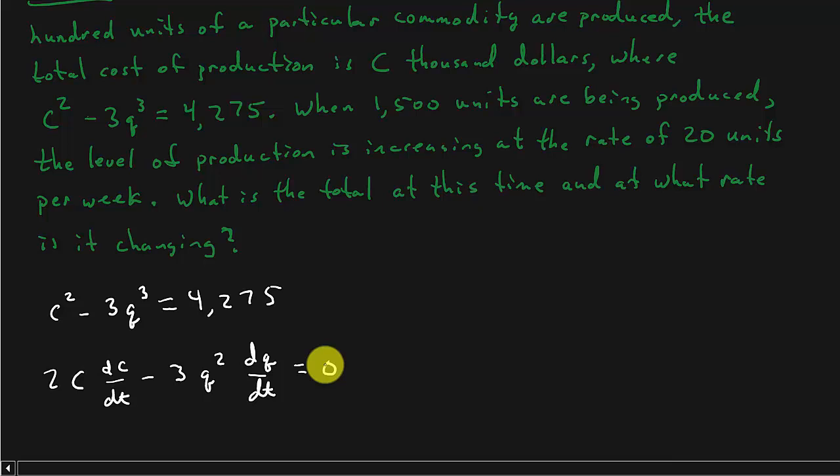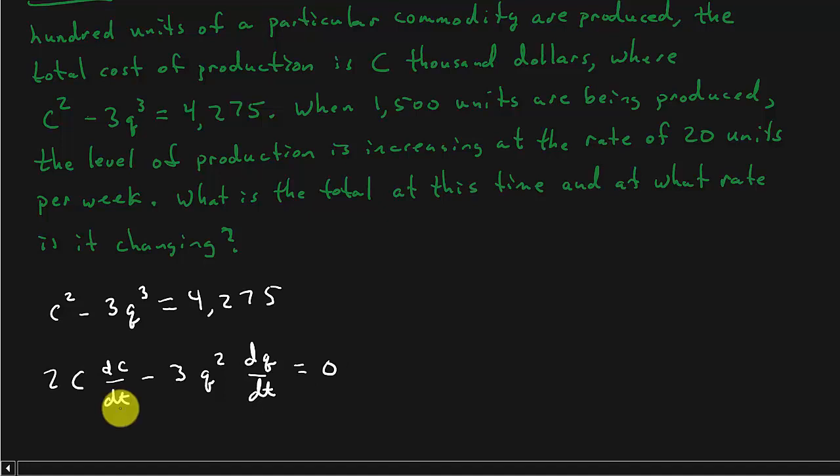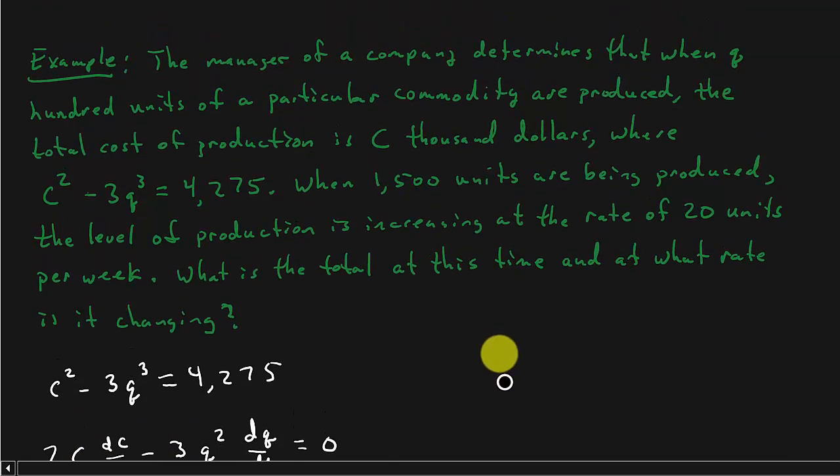All right. Now let's talk about this for just a second. What are we actually trying to find? Are we trying to find dc/dt? dq/dt? Are we trying to find q or c? Well, let's come up here.